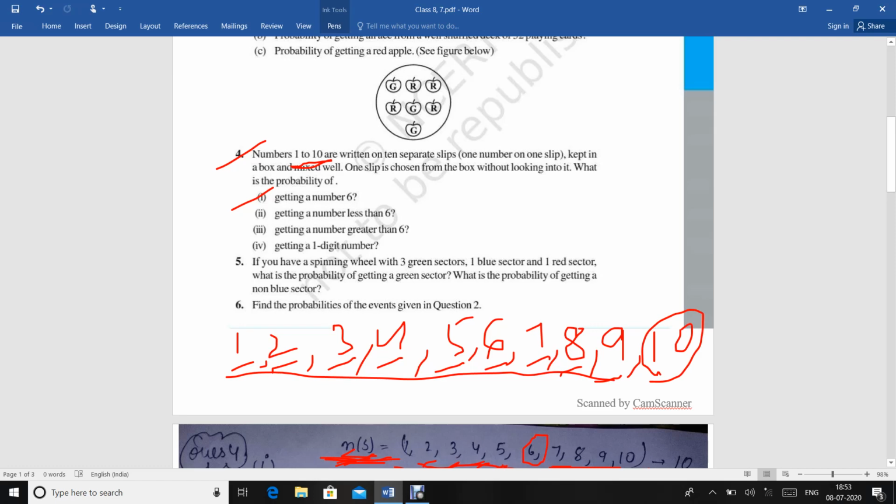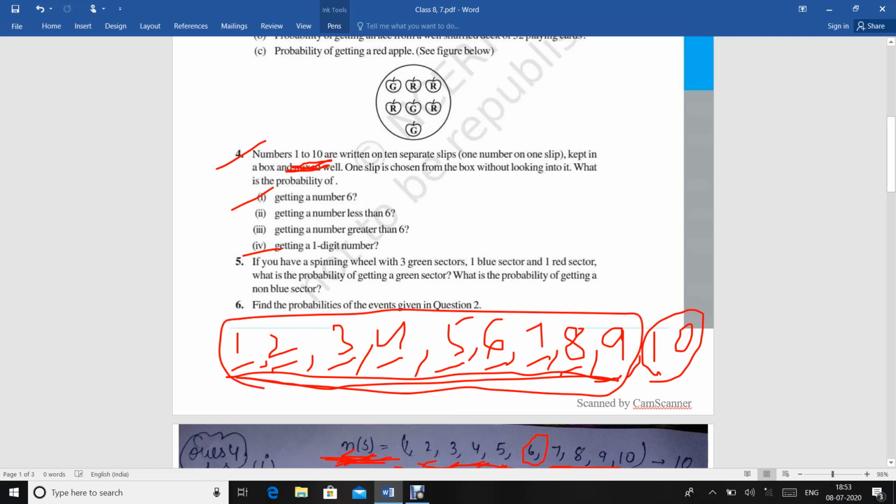So we will talk about these 9 numbers because these are one digit numbers, and the question is saying getting a one digit number from 1 to 10. So there are 9 numbers. So there are 9 one digit numbers.